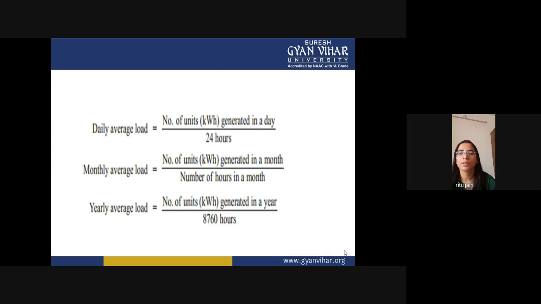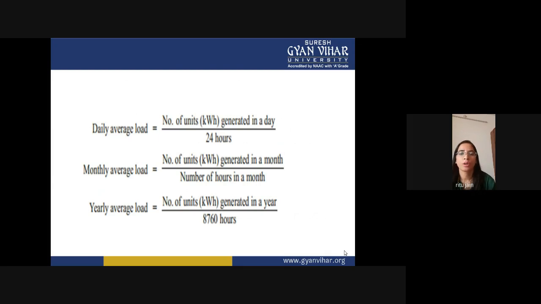Yearly average load is the number of kilowatt hours generated in a year divided by 8760 hours. So this is your average load.